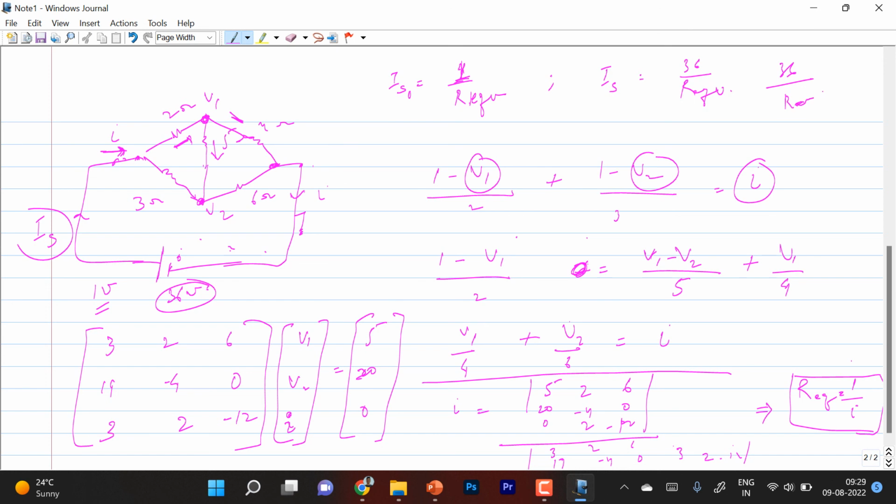I have done this calculation, so I know that I comes in as 3.6 ampere. Therefore, R equivalent will be equal to 1 by 3.6, right? And then you can divide this particular thing.